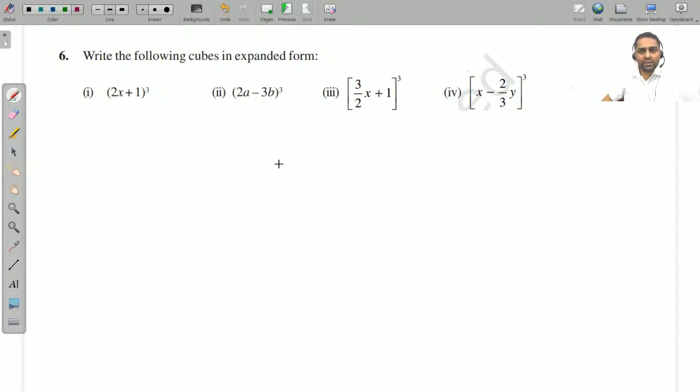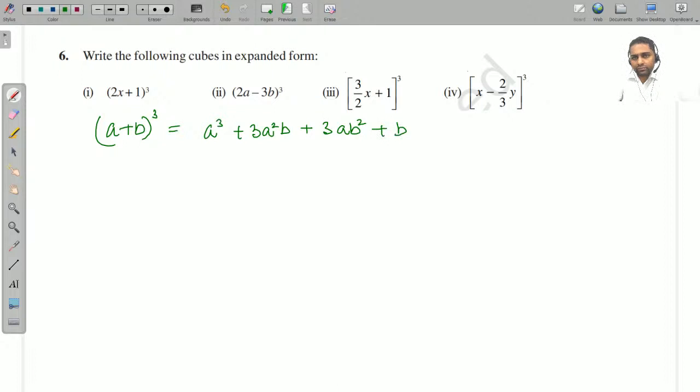Write the following cubes in expanded form. You just need to basically apply a plus b whole cube or a minus b whole cube. So first of all, what is a plus b whole cube? That is equal to a cube plus 3a square b plus 3ab square plus b cube.